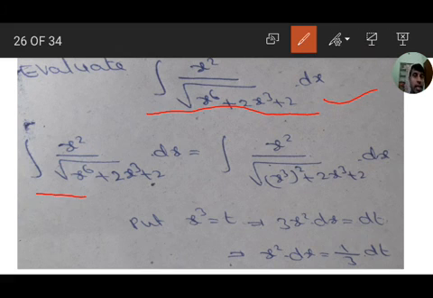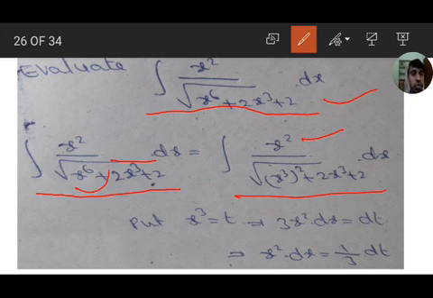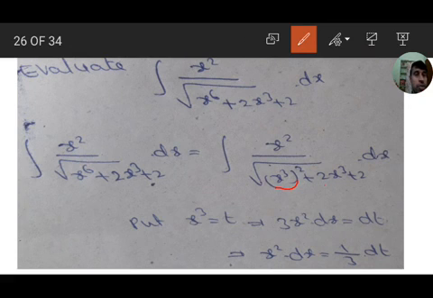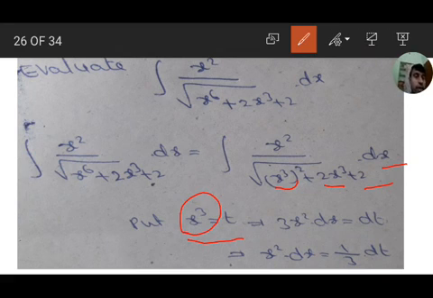So integration x square by square root of x to the power of 6 plus 2x cube plus 2 dx can be written as integration x square by square root of x cube whole square plus 2x cube plus 2 dx. Substitution: x cube equal to t. Differentiate with respect to x, x cube derivative 3x square dx equal to dt. 3x square dx equal to dt.